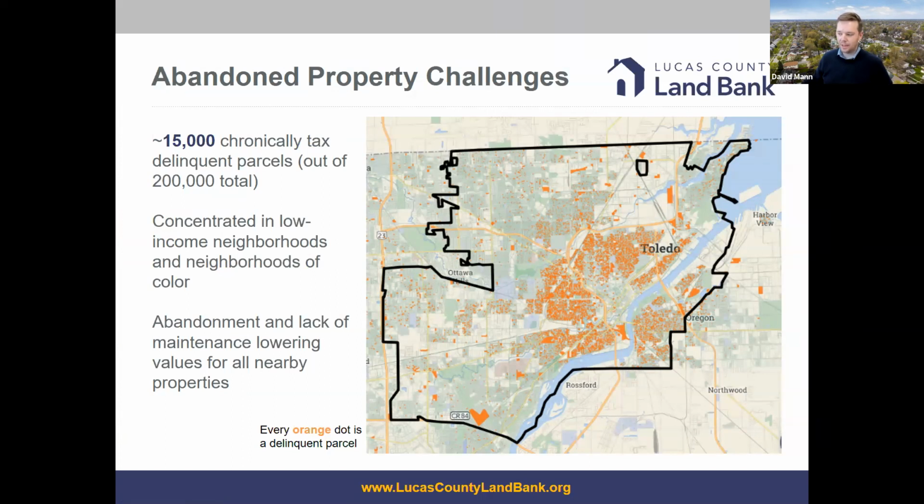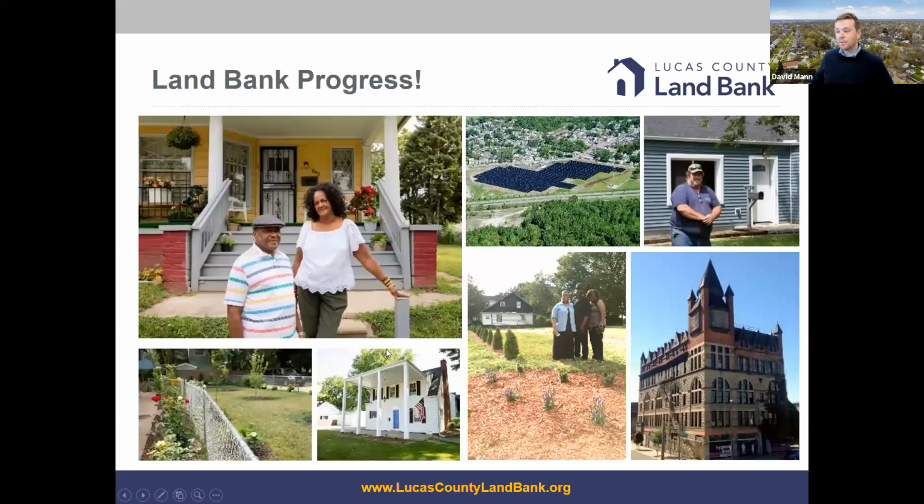Every one of those orange dots is a likely abandoned property that may need attention. As you can imagine, probably in your own communities, the effects of a century of discrimination have concentrated that, particularly in low-income communities and neighborhoods of color. But we've worked for 10 years and we're making meaningful, equitable progress toward changing that for the benefit of our neighborhoods.